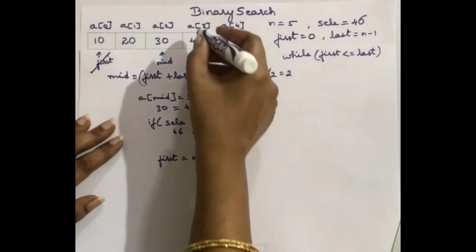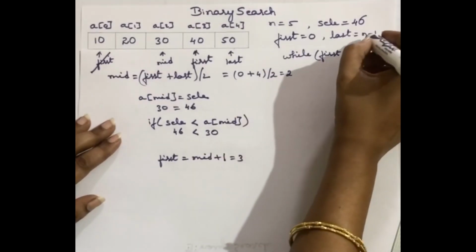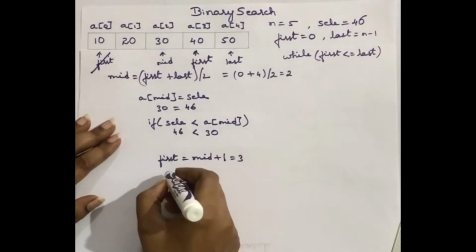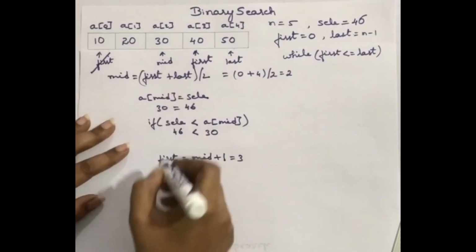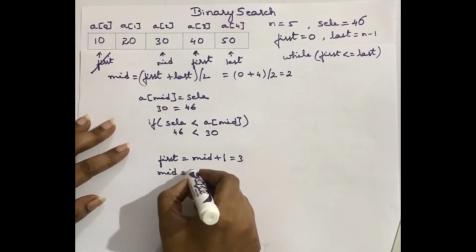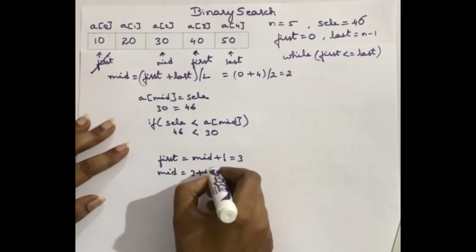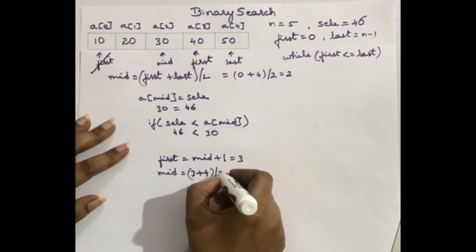Now first is equal to 3 and the last value, which has not changed, is 4. Now again I will find out mid equal to first plus last by 2.